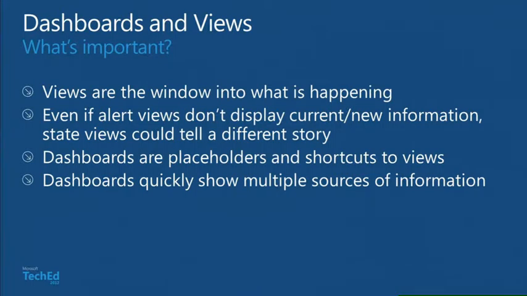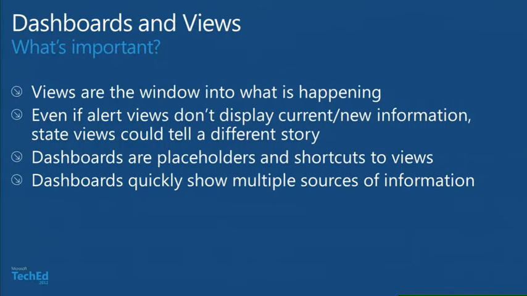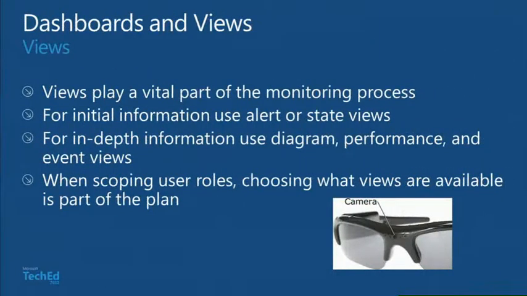For the most part, we get information from OpsMan from alert views first, state views second. After that, the popular views that I see are performance and diagram. A lot of people like those diagram views, especially when you're using distributed applications, right? And I can show you a little bit about how you can leverage those to enhance your process.